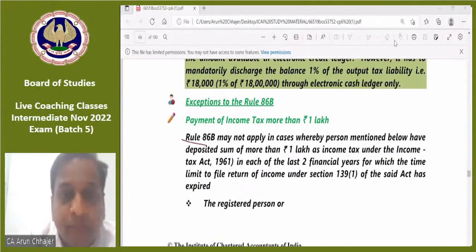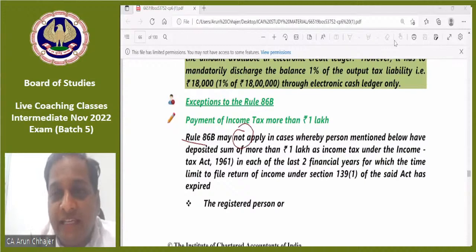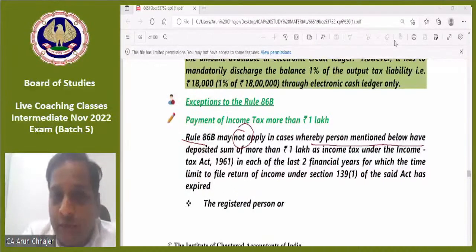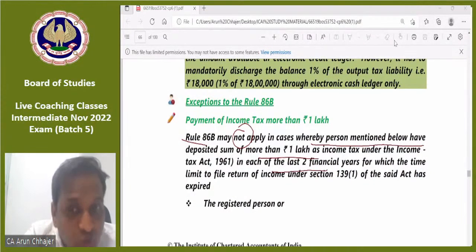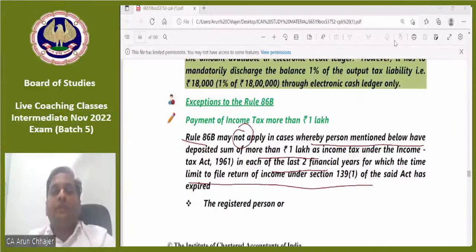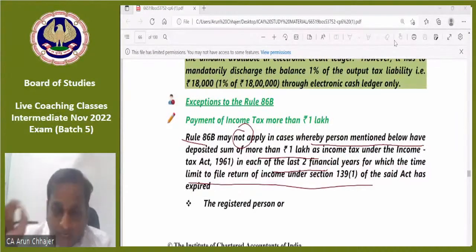But 86B will not apply in case where the person mentioned below has deposited more than 1 lakh as income tax in each of the last 2 financial years for which time limit has expired. Now, I hope it is clear.